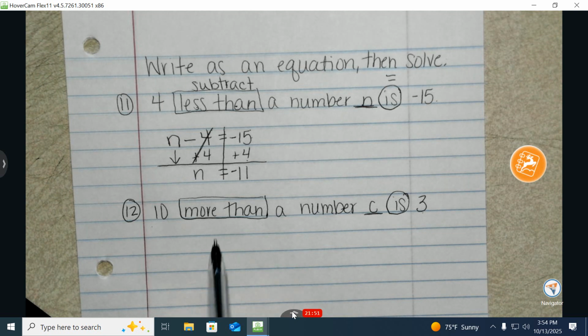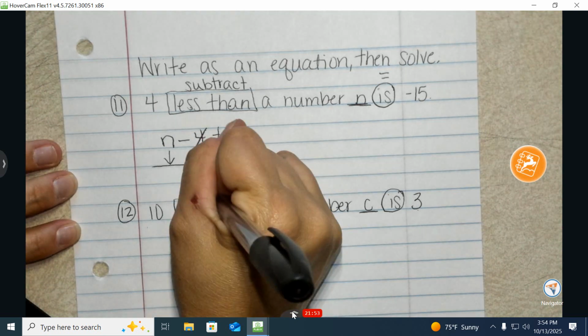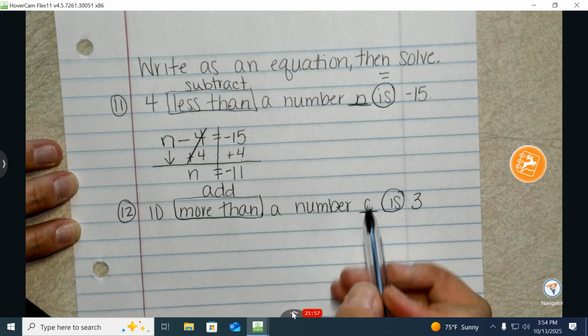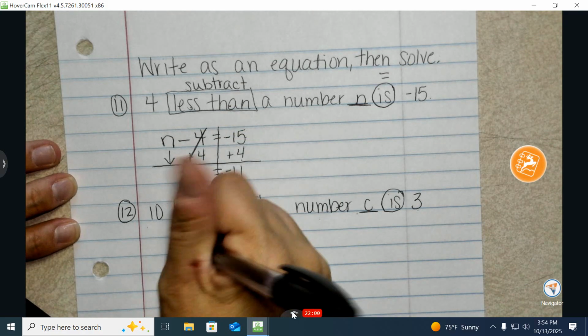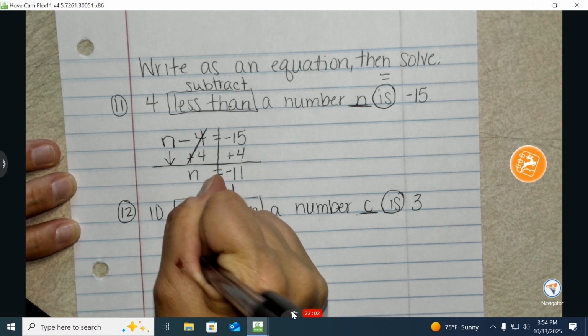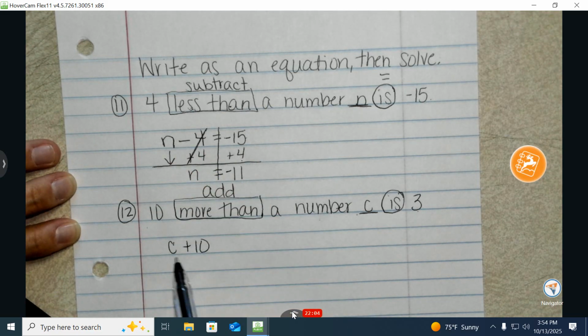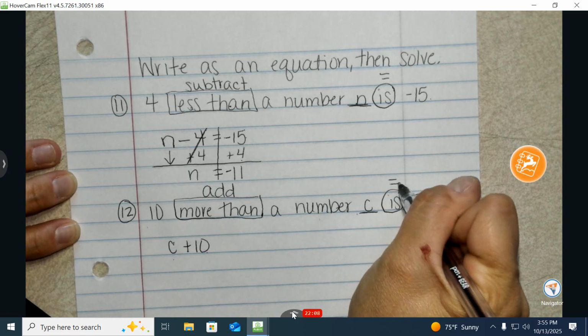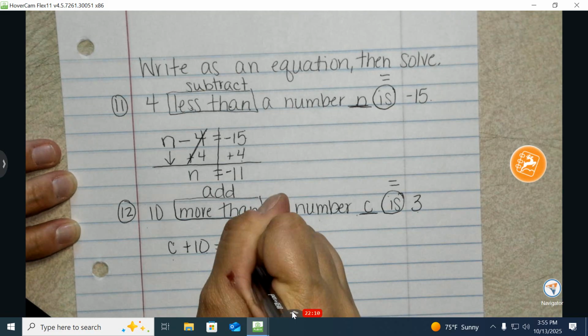So the words more than is going to tell us that we need to add. 10 more than a number c. So it is c plus 10. 10 more than c is, so equals 3.